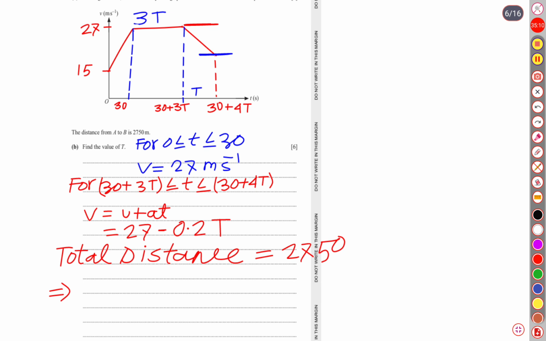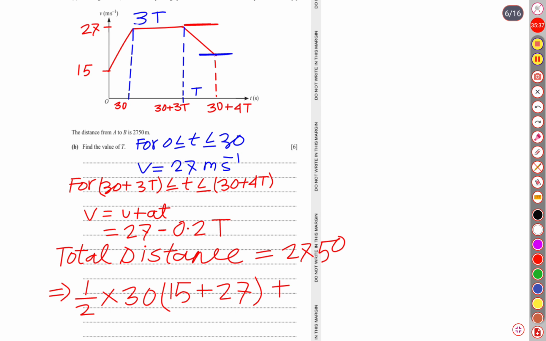So trapezoidal area is half of our time, which is 30 seconds, so 30, and the summation of the parallel sides, one is 50 and the other one is 27. So 50 plus 27.